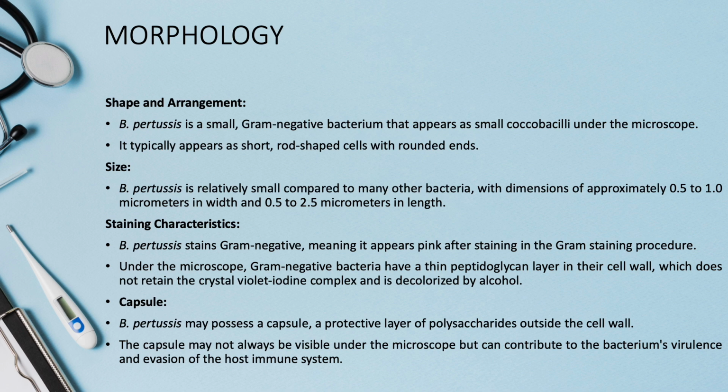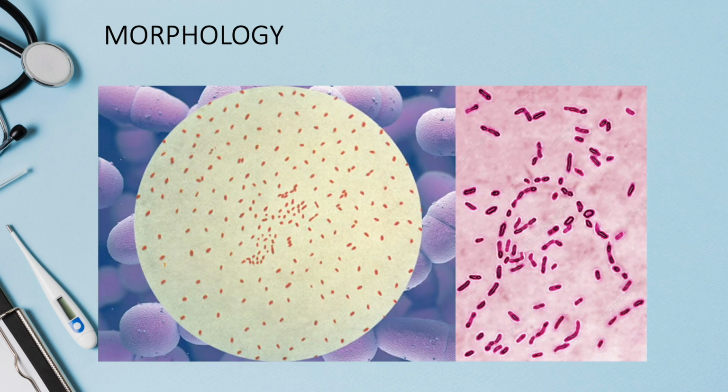Closer. Looks closer to rods, right? But basically, it is coccobacillus. So it is oval-shaped bacteria, something in between rods and spherical shape, or cocci. It is coccobacillus.